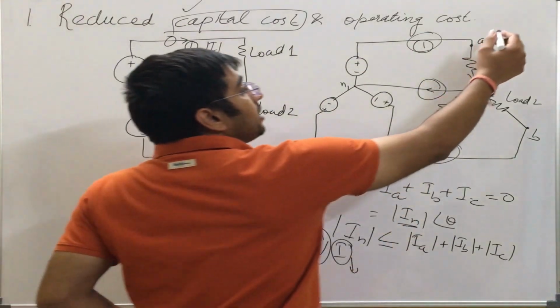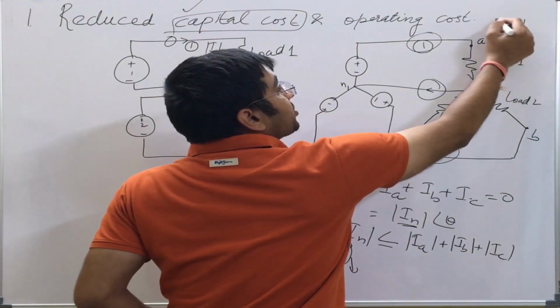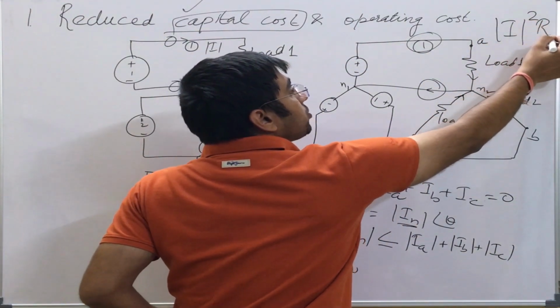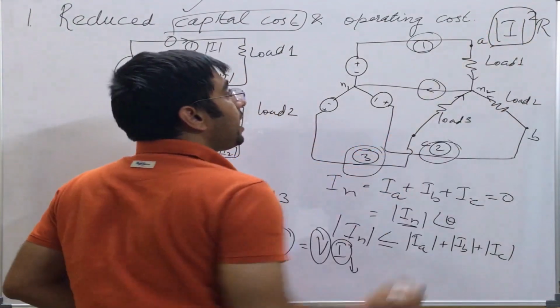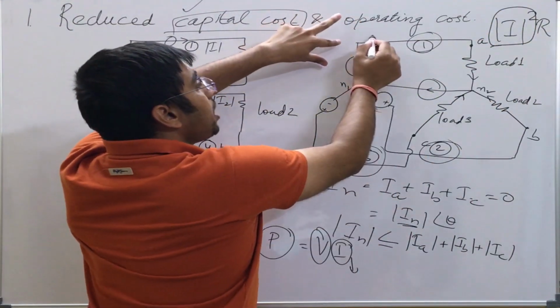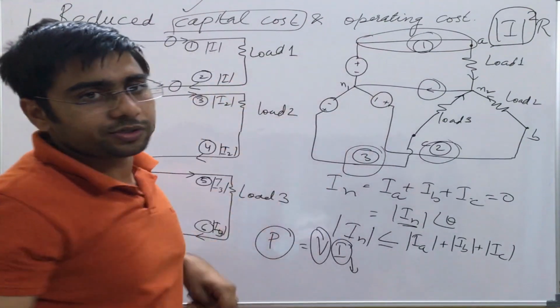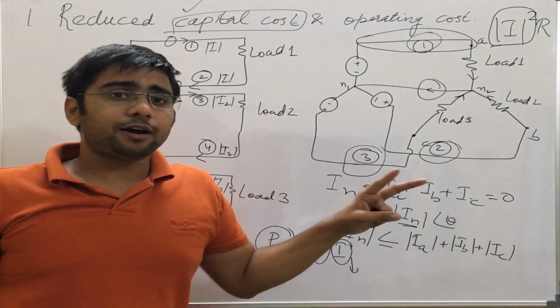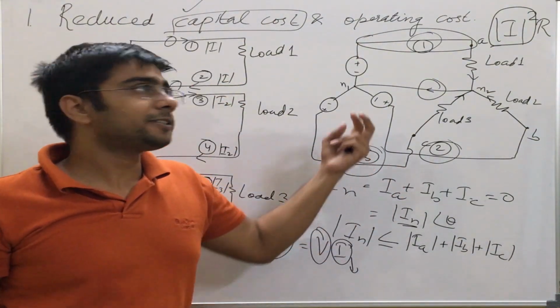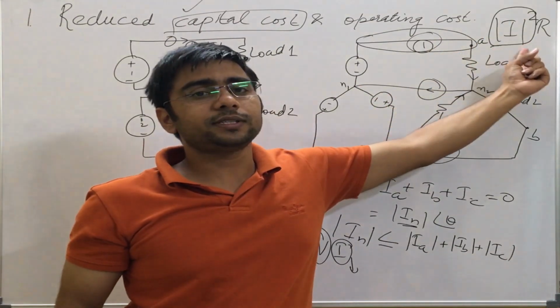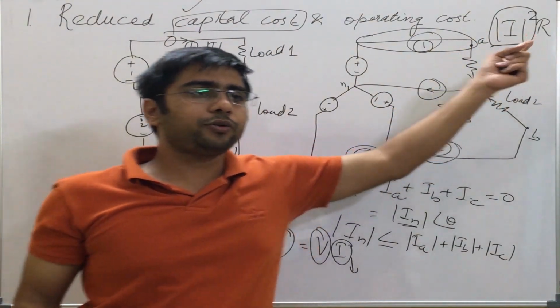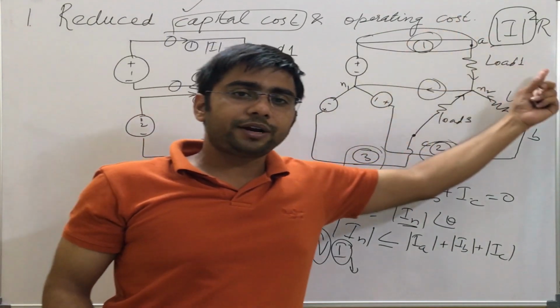It will lead to lesser I²R losses, and the voltage drop along this line will also be reduced. So I will have 2 more advantages. First one, the operating cost: the I²R losses which happen in the lines are going to be reduced.